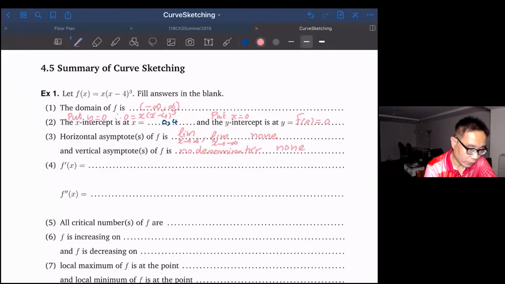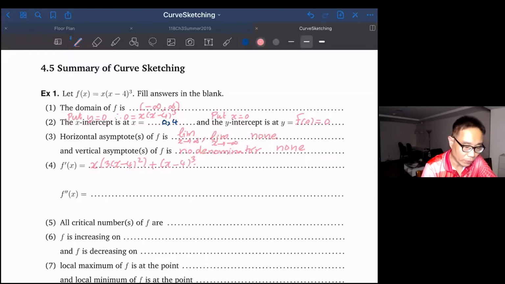And the next one, you're going to find the derivative. The question asks you to find the first and the second derivative of this function. So f prime of x equals the derivative of the first times the second plus the derivative of the second times the first.